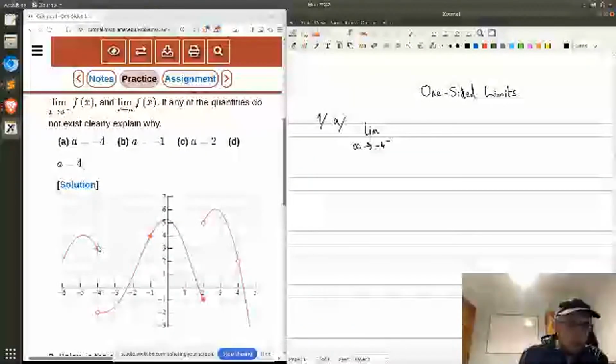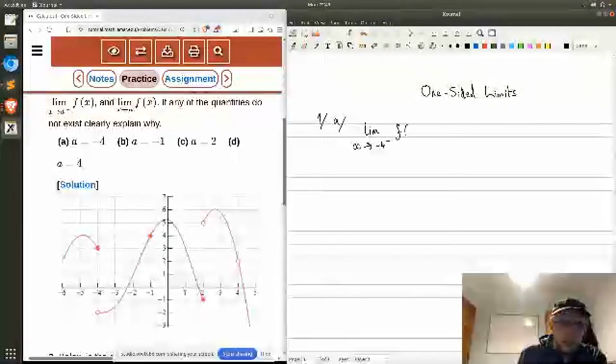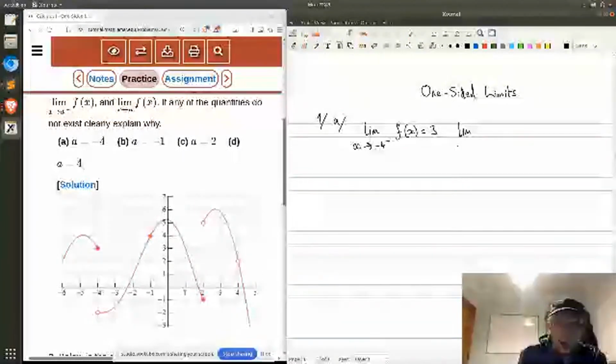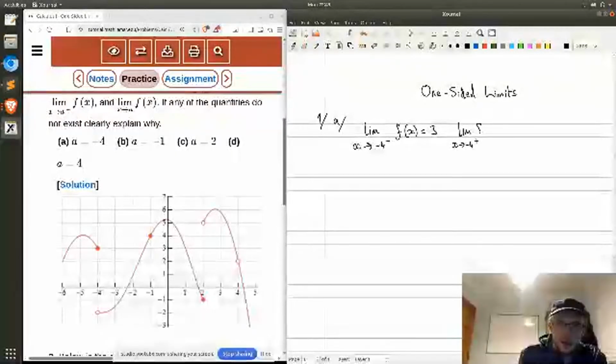At -4, from the left, it appears to be 3. And the limit as x approaches -4 from the right appears to be -2.